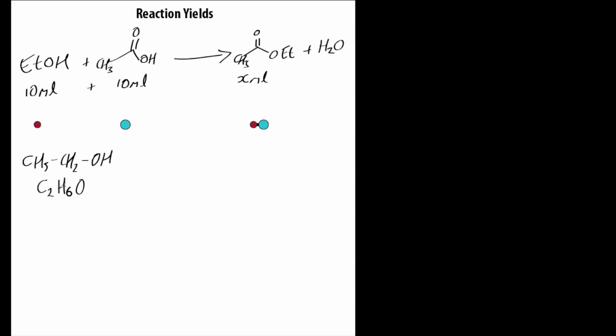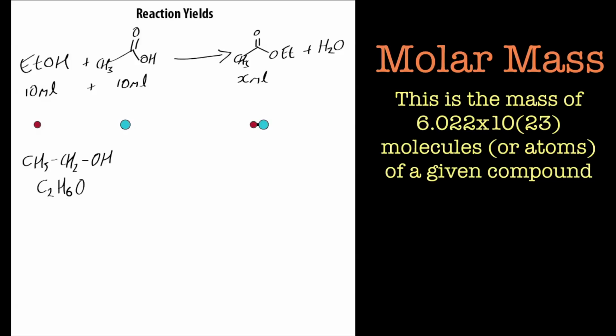So we will need to work out what the mass of all those atoms are. The molar mass for ethanol, I've worked it out earlier, is 46.07 grams per mole.